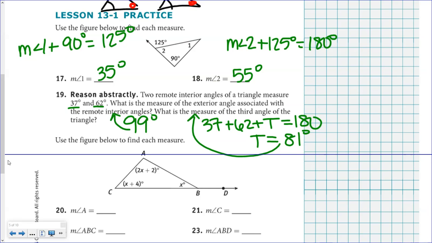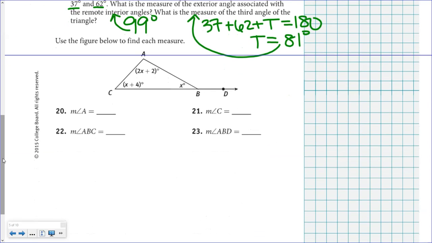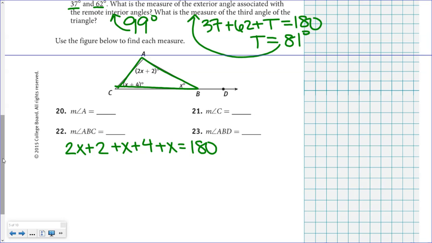So now looking at this last figure, they asked us to find a bunch of different angles. First thing you're going to want to do, you have a triangle, so we know that those three have to add up to equal 180 degrees. So I'm going to set up an equation. 2x plus 2 plus x plus 4 plus x equals 180. If I combine like terms, I have 4x plus 6 equals 180.